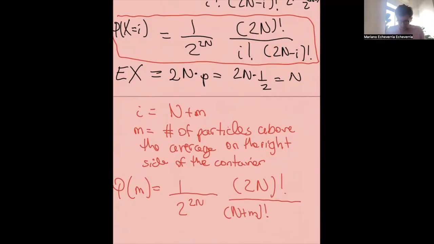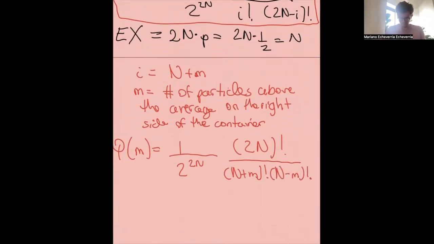If you subtract I from 2n, you get n minus m. If m equals 0, you have exactly zero particles over the average on the right side, so it's split evenly.